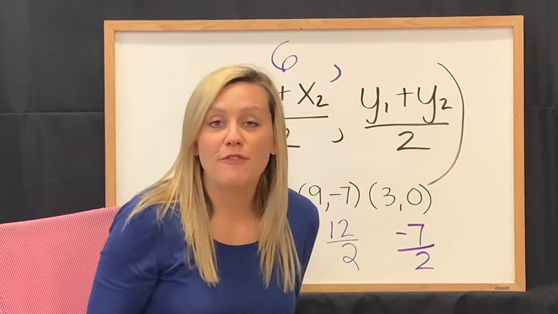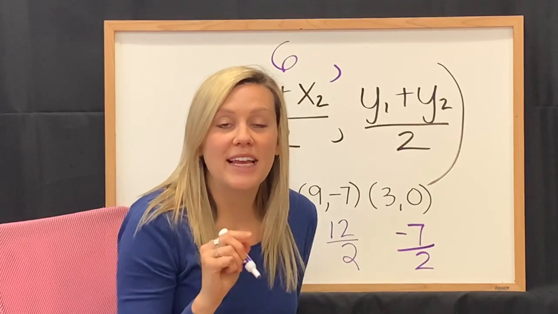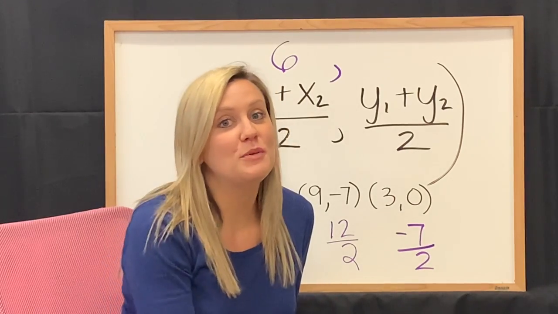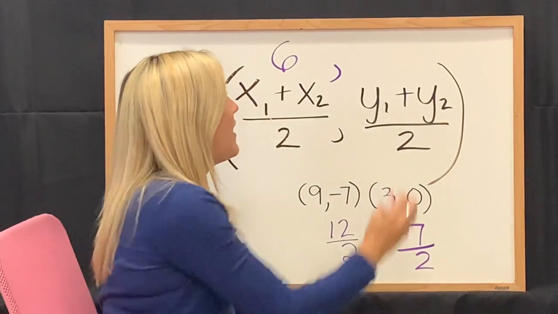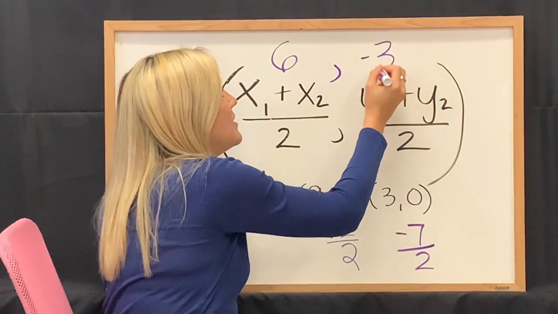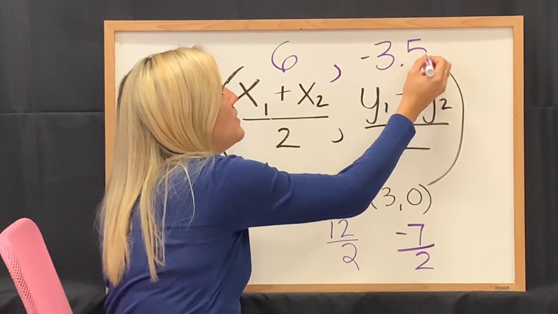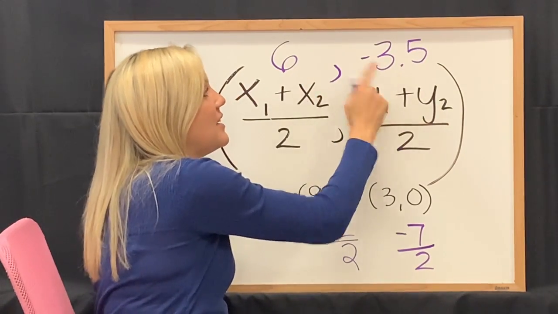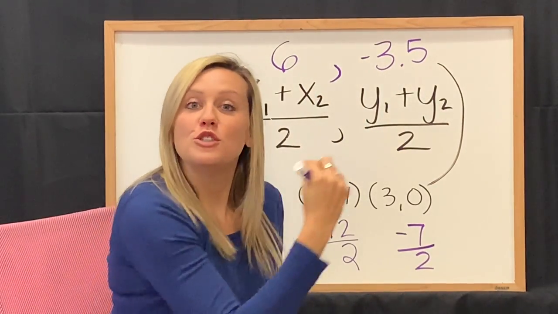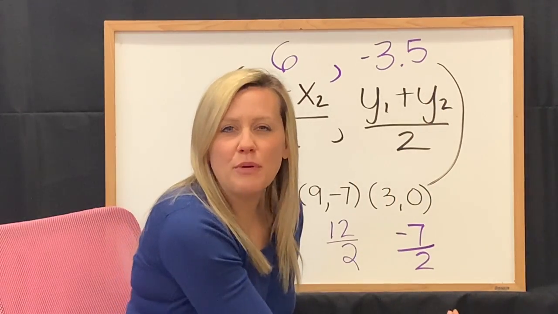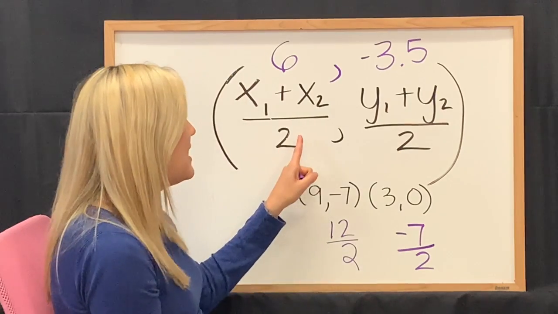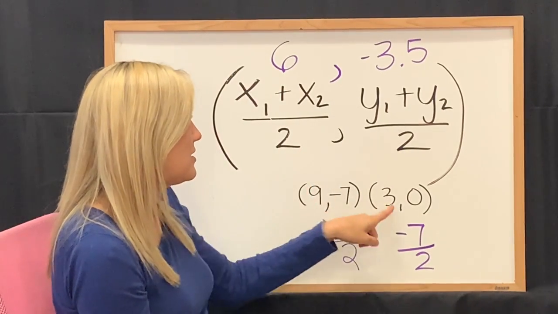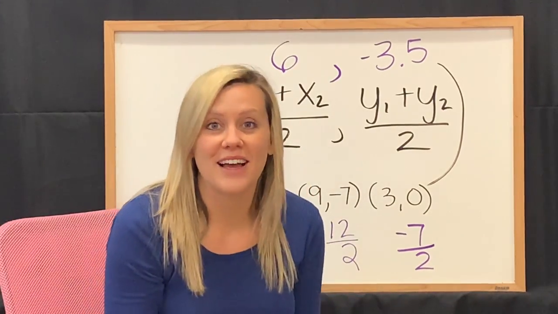If you don't know that, feel free to use a calculator. -7 divided by 2, and you will get -3.5. So this point, 6, -3.5, to the right 6, down 3.5, that would be the center point if I were to connect these dots, these points, and make a line.